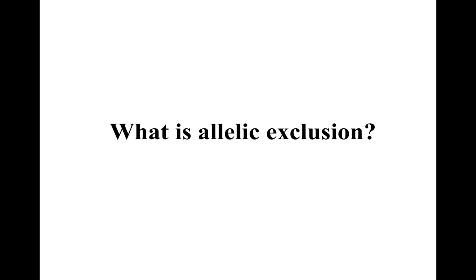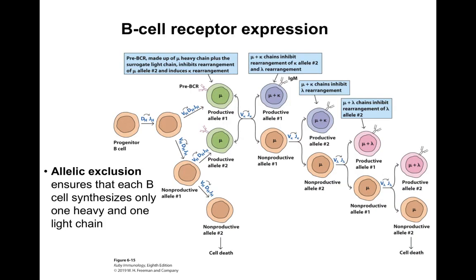So what is allelic exclusion? This describes the fact that you only get one allele expressed for the heavy chain and one allele expressed for the light chain in a B cell, even though there are multiple that could be used. When a B cell is a progenitor B cell, the first thing that happens when it's recombining its genes is that the heavy chain recombines first, and it goes from the D segment recombining with the J segment.